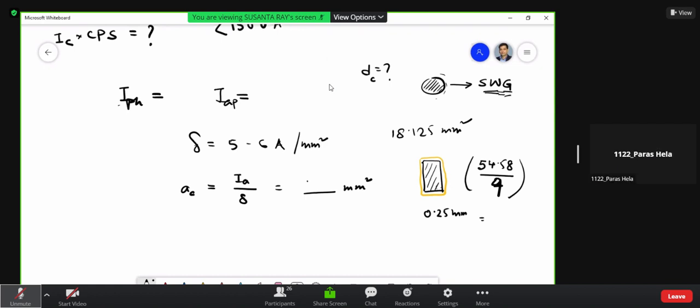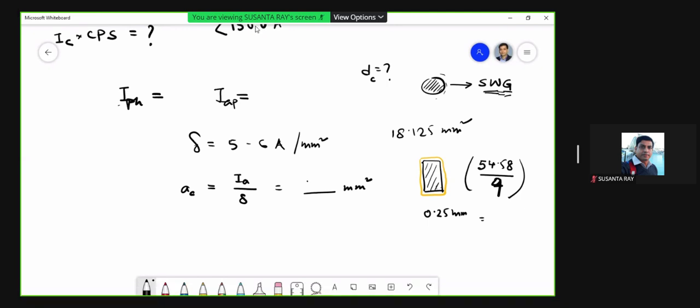And that DC value they have to take from the SWG chart, including the insulation covering. Because the wire that will be used for the armature will not be bare wire. They should have some insulation covering. Covering can be three types, like medium covering, very thin covering, thick covering. So use medium covering.